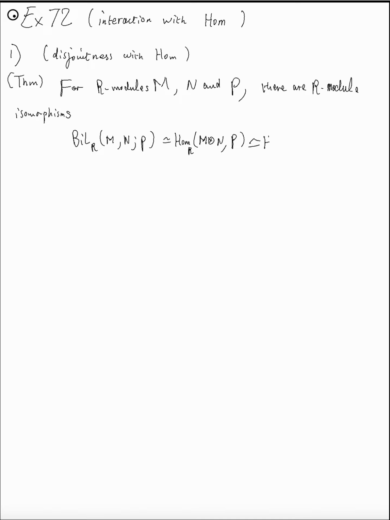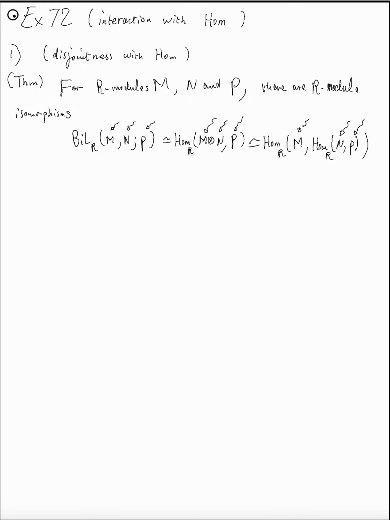So the main part is the last isomorphism we claim. This is also isomorphic to the R-linear maps from M to the Hom from N to P, R-linear. So in some sense you see there are 3 candidates, and given 2 of them you get the information for the 3rd, right?